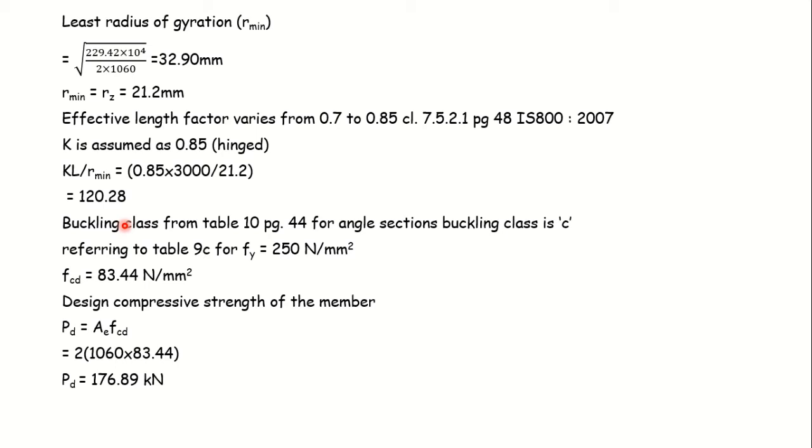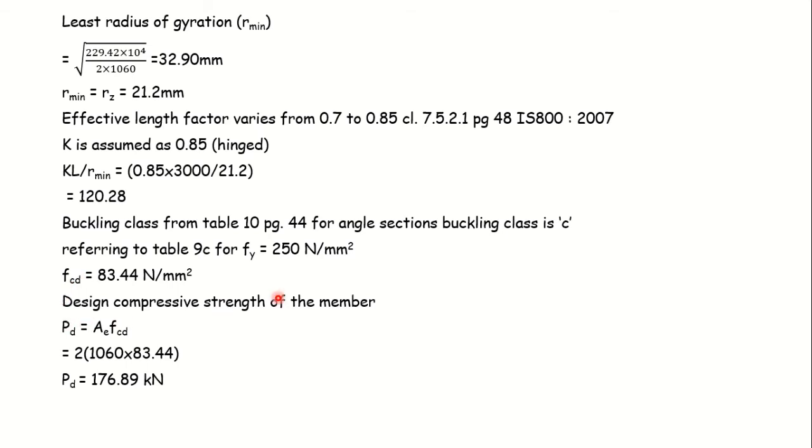Now we can use the tables from IS 800. The first thing we need to know is the buckling class. In Table 10 on page 44, we get to know the buckling class for the angle section. For angle sections, the buckling class will be C. Further, if we refer to Table 9C, which gives us the fcd value depending on KL by r and the yield strength, we'll come to know that fcd is 83.44 N/mm² for this section.